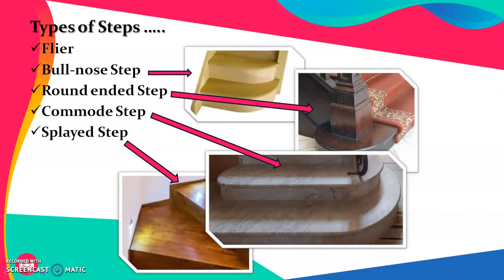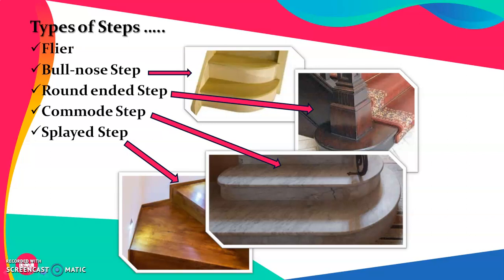There are different types of steps. Those are flyers, bullnose step, round-ended step, commode step and split step. Flyers are the general rectangular type of steps, while the bullnose step is a step placed at the bottom which is curved in nature.